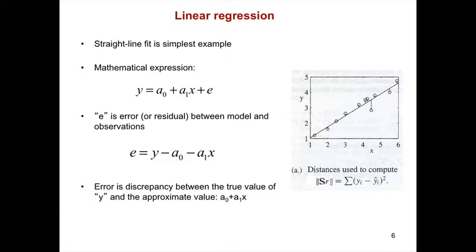Now, the way I'm looking at the error is I'm summing up the differences between my measurement and my model. My model is defined by this linear relationship. So I take A0 plus A1xi, that's going to be my model yi, and I look at the difference between the 2.